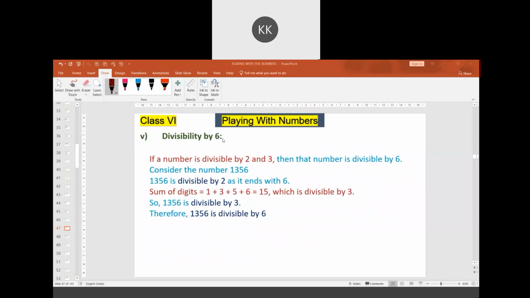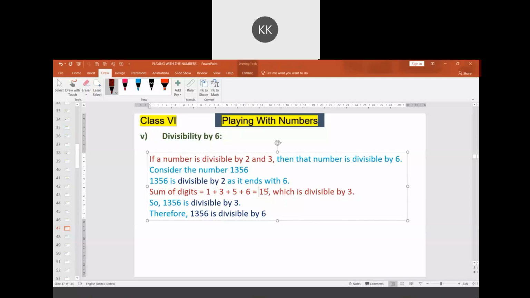One example: 1356 is divisible by 2 because 6 is an even number, it is ending with 6. If you add the digits, the sum is 15. 15 is divisible by 3. Therefore, the given number is divisible by 6.